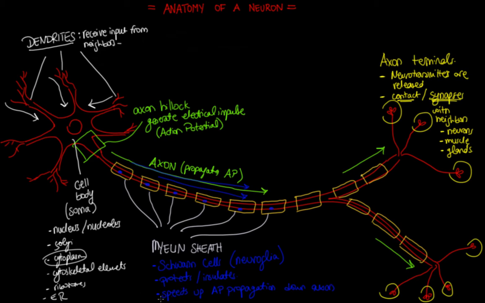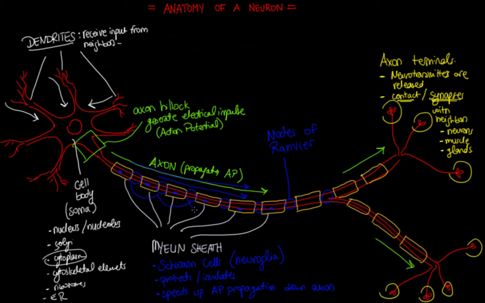Okay, and so the reason why your action potential is going to travel faster when there is a myelin sheath is because we have gaps in between myelin sheath, and these gaps are what we call nodes of Ranvier. So these are just gaps in between the myelin sheath segments, and they are going to allow the action potential to jump.